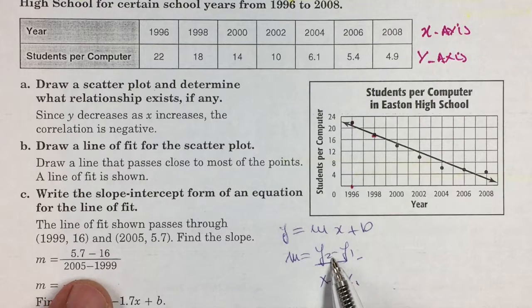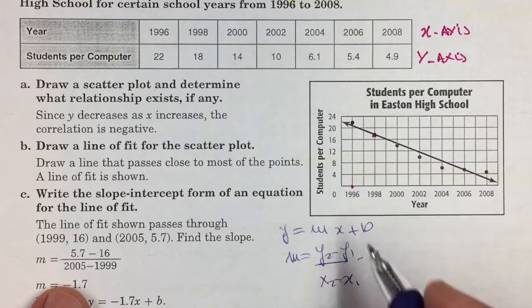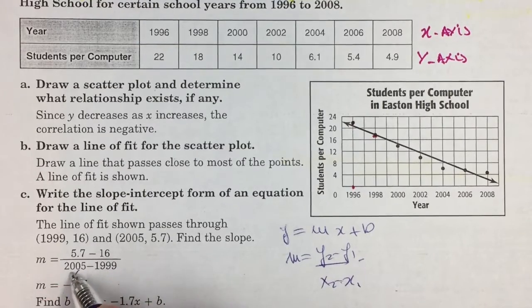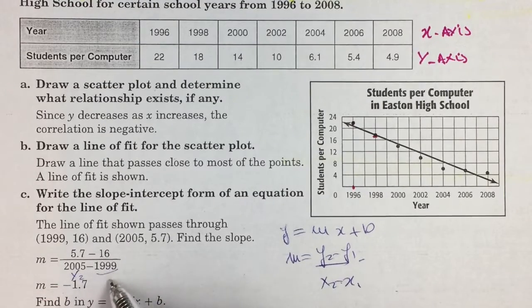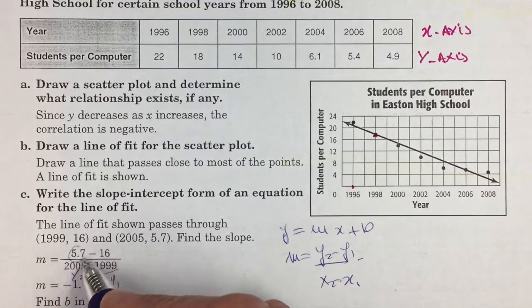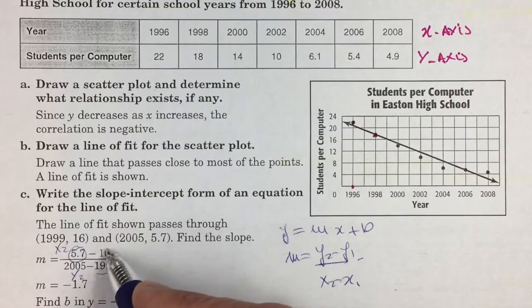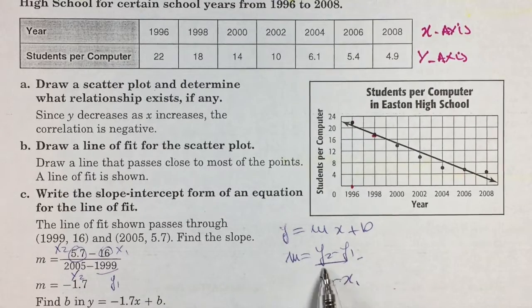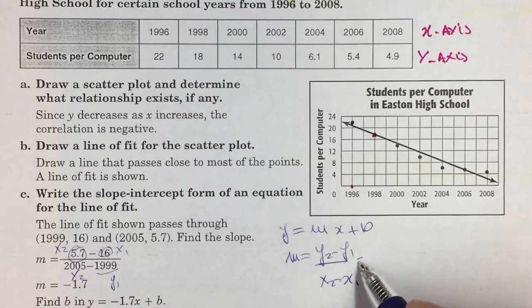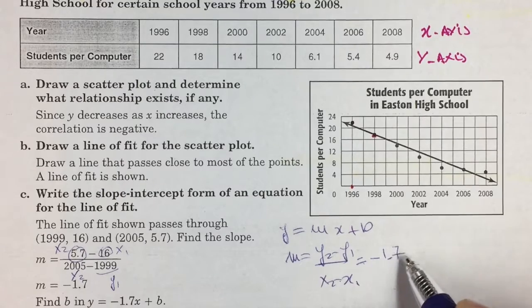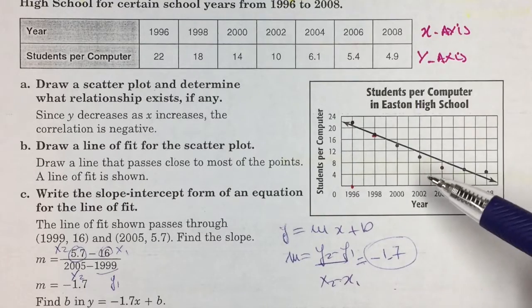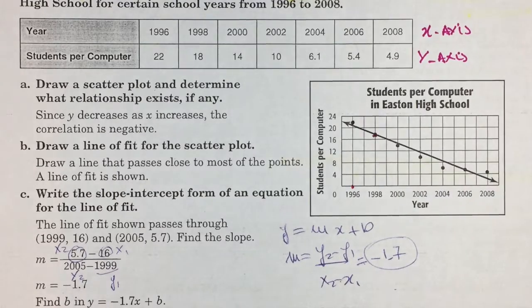Because I chose, for example, year 2005 as being my y2, 299 as being my y1, 5.7 as being my x2, and 16 as being my x1. Replace in this formula, and I have a slope of negative 1.7. And it needs to be negative because you see that this line is going down to the right like this.